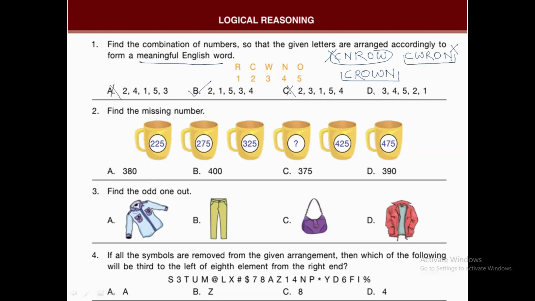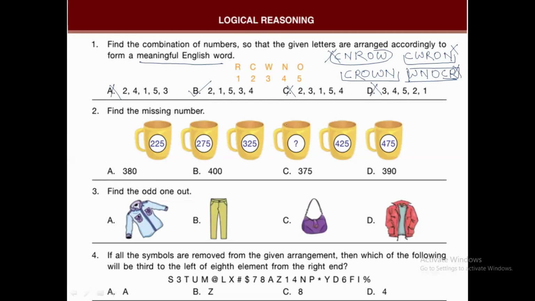Now let's move to option D, which is 3 4 5 2 1: W N O C R. Is it any word? No, this is not a word, so option D cannot be our answer. So the only correct option is option B, which is crown.